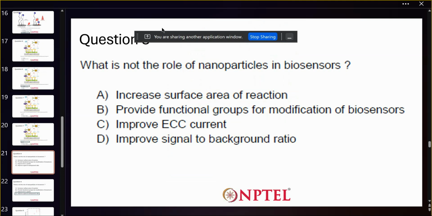What is not the role of nanoparticles in biosensors? To increase the surface area of reaction, to provide functional groups for modification of biosensors, to improve ECC current, or to improve the signal to background ratio.